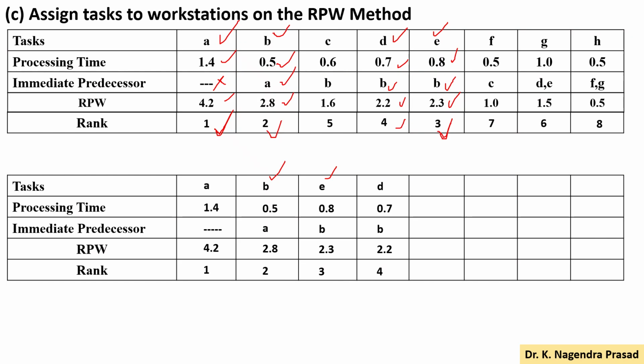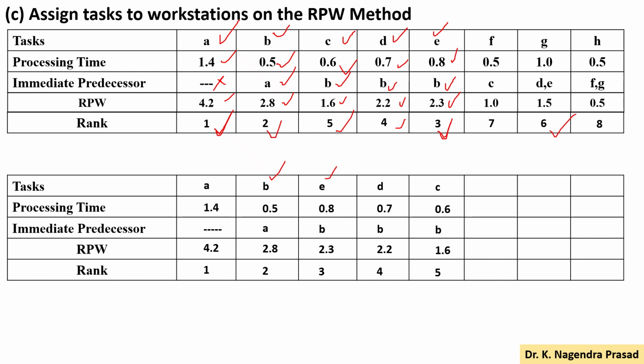Next one is rank 5 for task C: processing time is 0.6, immediate predecessor is B, RPW value is 1.6, and rank is 5.